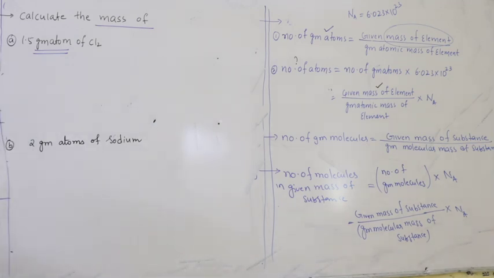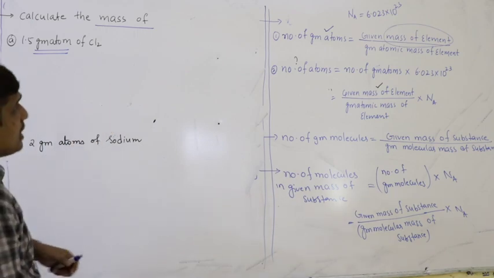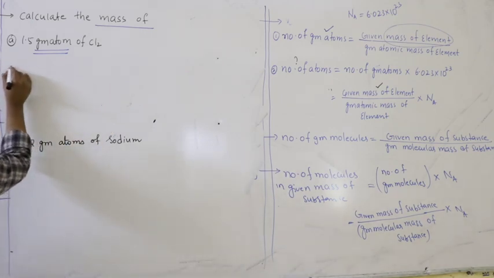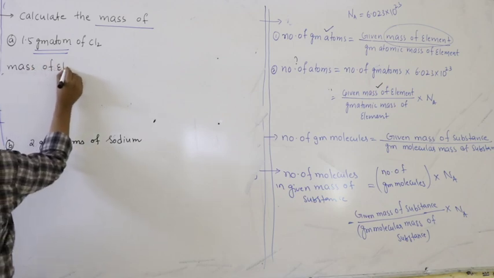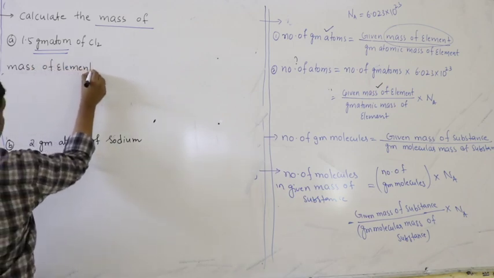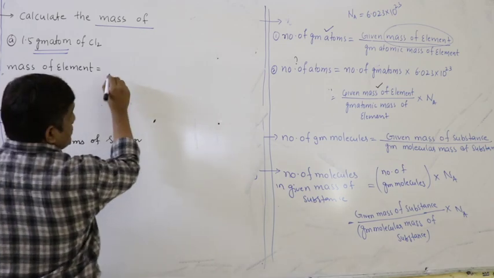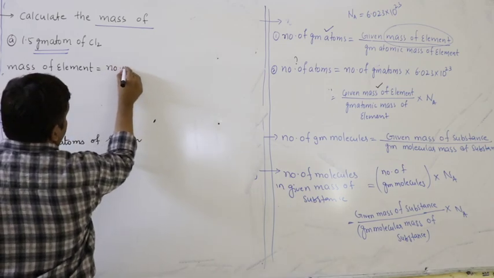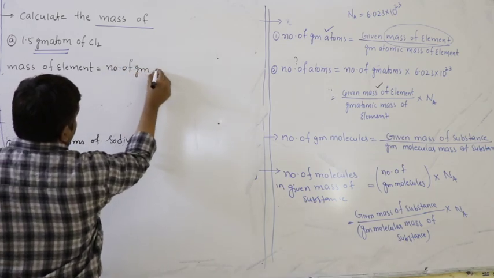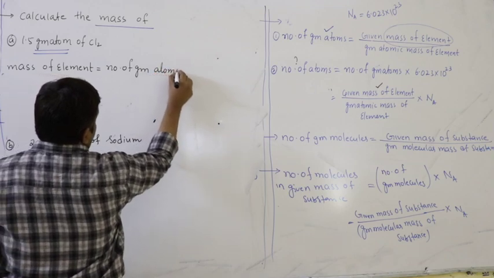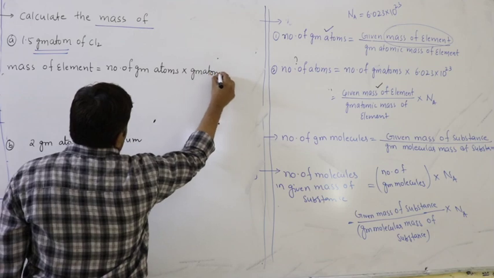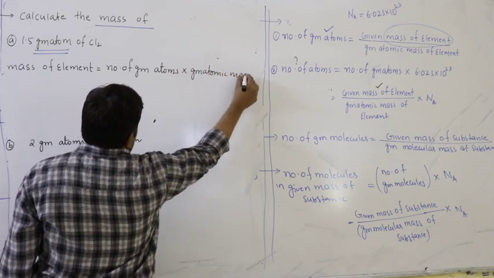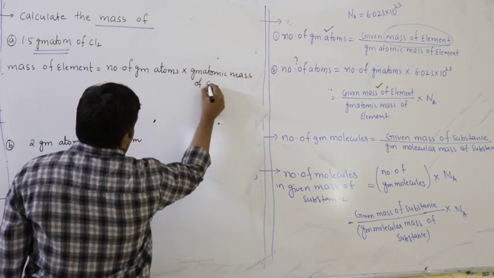So, mass of the element is equal to number of gram atoms into gram atomic mass of the element.